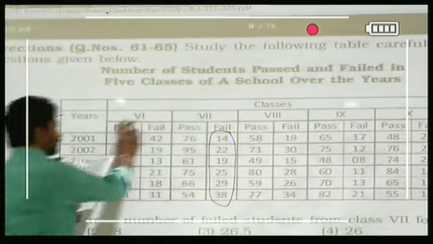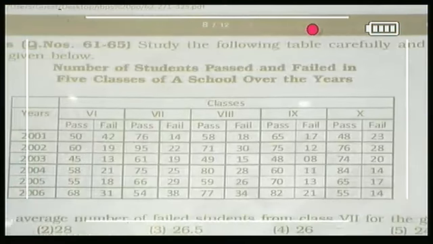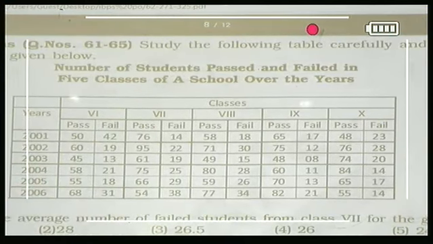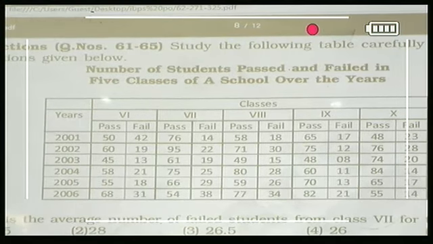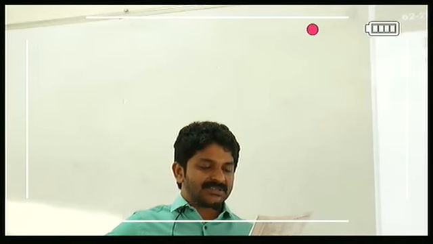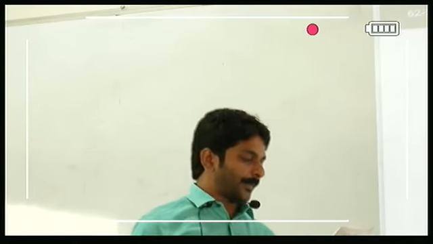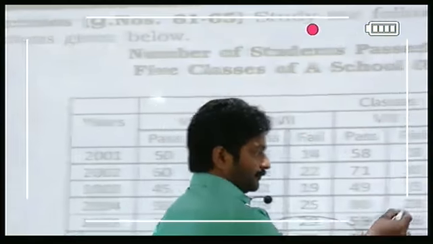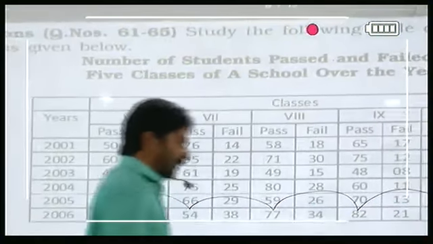Next, 62. What is the ratio between the total number of passed students and the total number of failed students for the year 2006? Ratio between passed students versus failures. Every alternate number. Right?